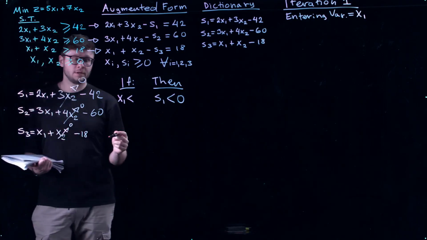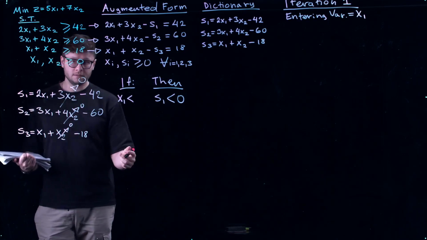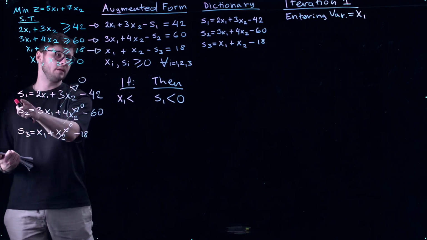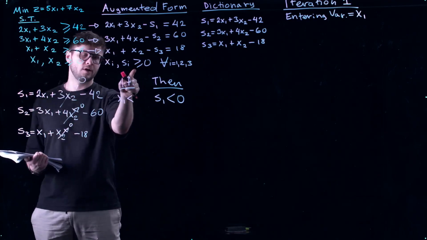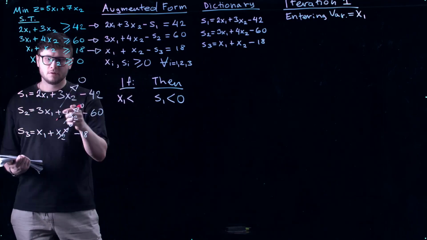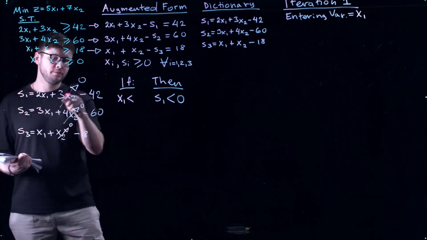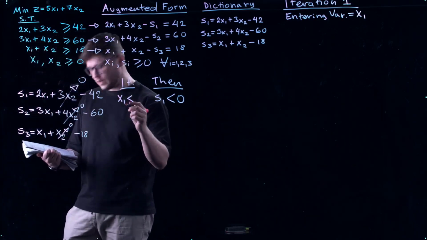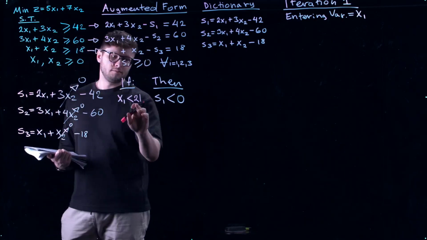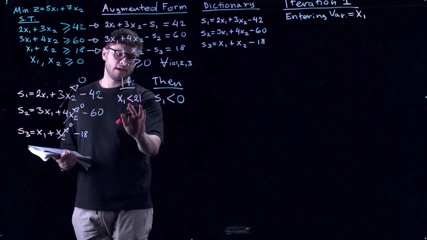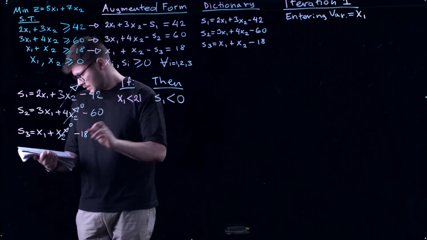But if it equals anything less than 21, for example 20, then S1 is going to be lower than 0, and that cannot happen because of our non-negativity constraint. So the value below which we cannot go on x1 is 21, right? This is the minimum value in this constraint. The minimum value for x1 is 21.